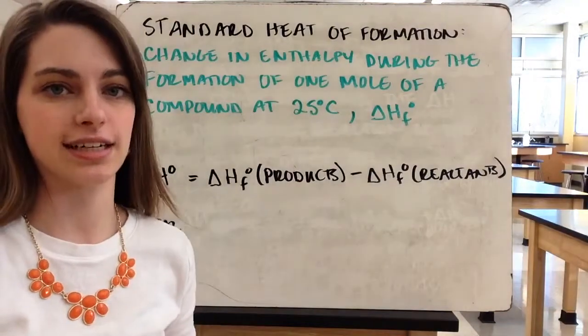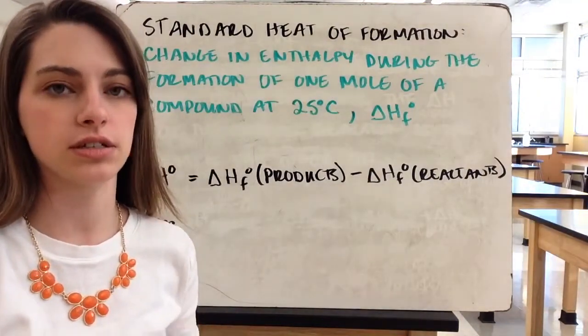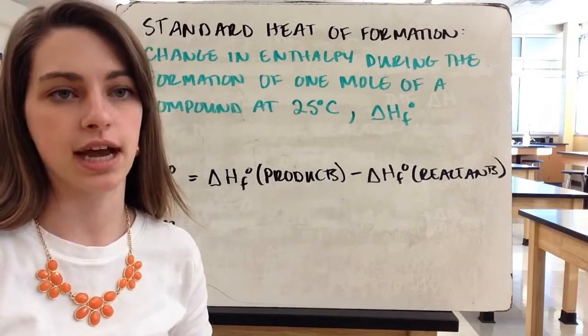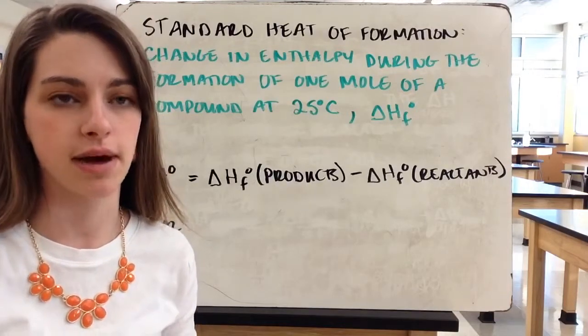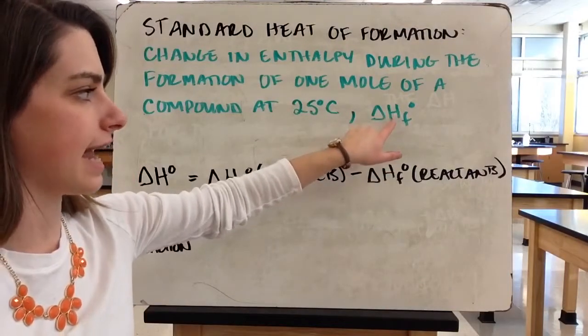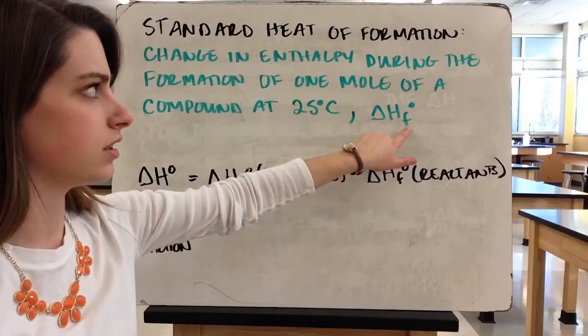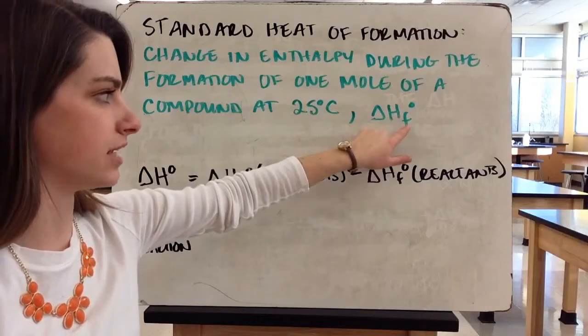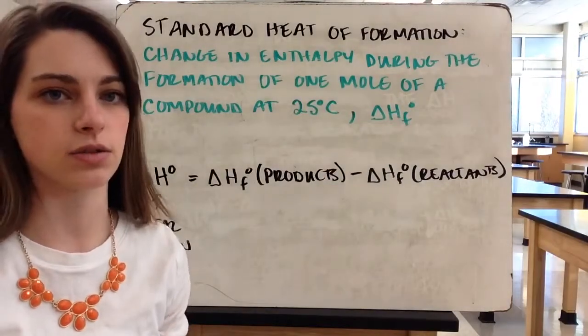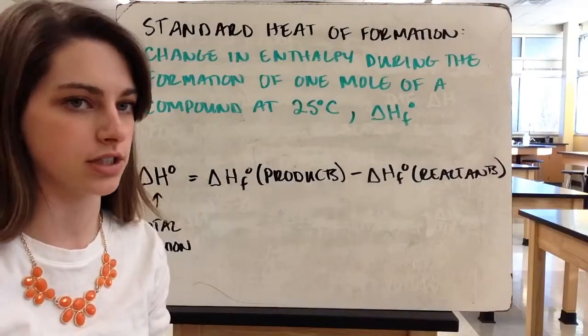So it's a constant. It's specific for a particular substance, and it's the amount of energy that it requires to form 1 mole of that substance at 25 degrees Celsius. It's symbolized by delta HF, so change in heat of formation, and the circle at the top means standard. So it's a standard heat of formation.